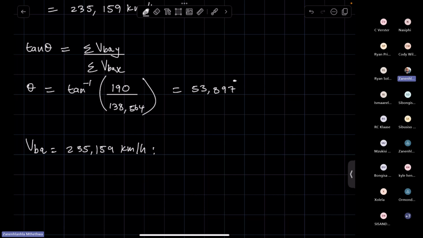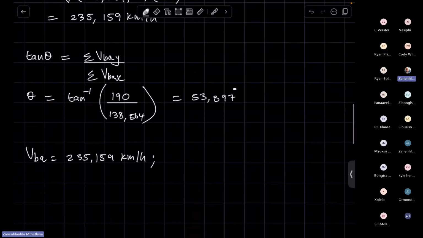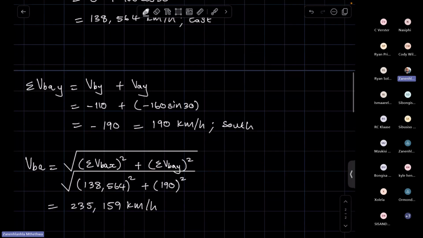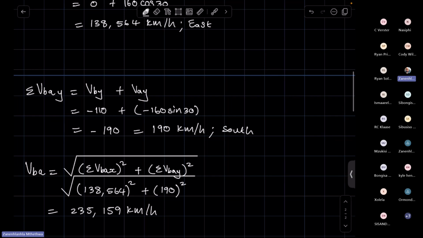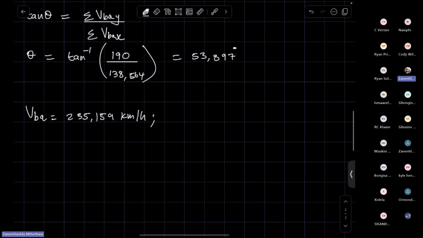That's the magnitude. For direction, our angle is referenced from the x-axis, and from our directions, the one in the x direction is east. So our reference here is east. The angle is 53.897 degrees, going south.